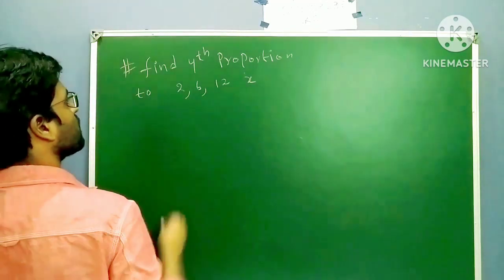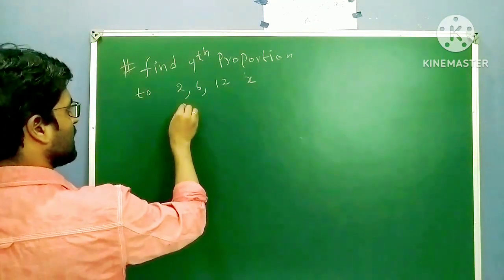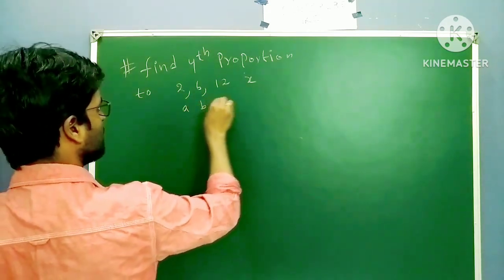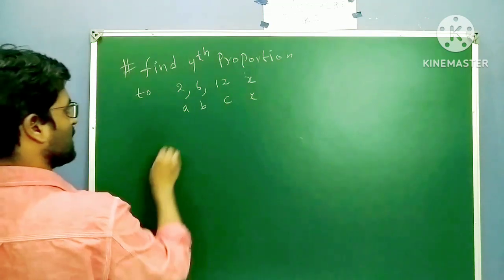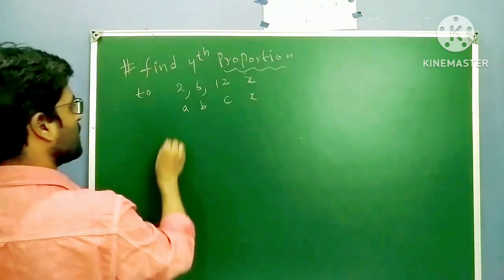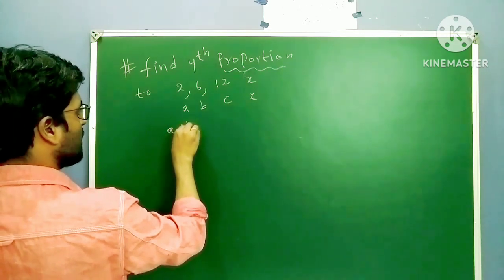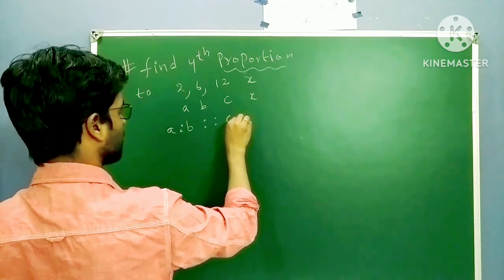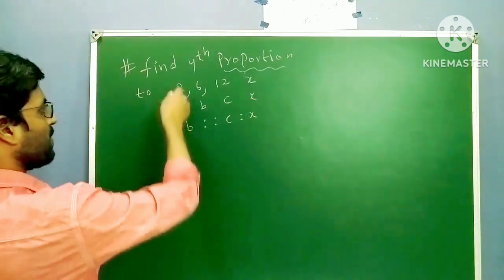Whenever you have numbers like this, suppose here I have a, let 2 be a, this is b, this is c, this is x. Whenever they talk about proportion, that means a is to b, this is the proportionality sign, c is to x. So put the values.